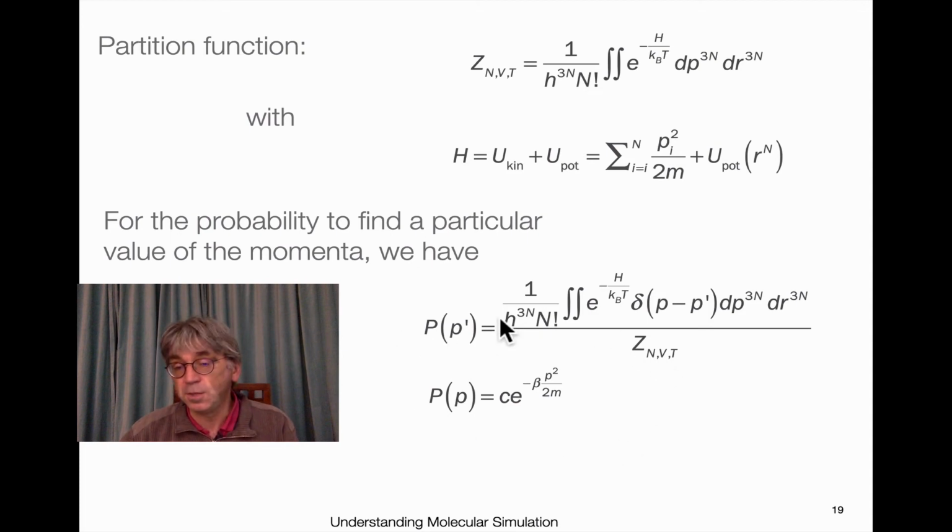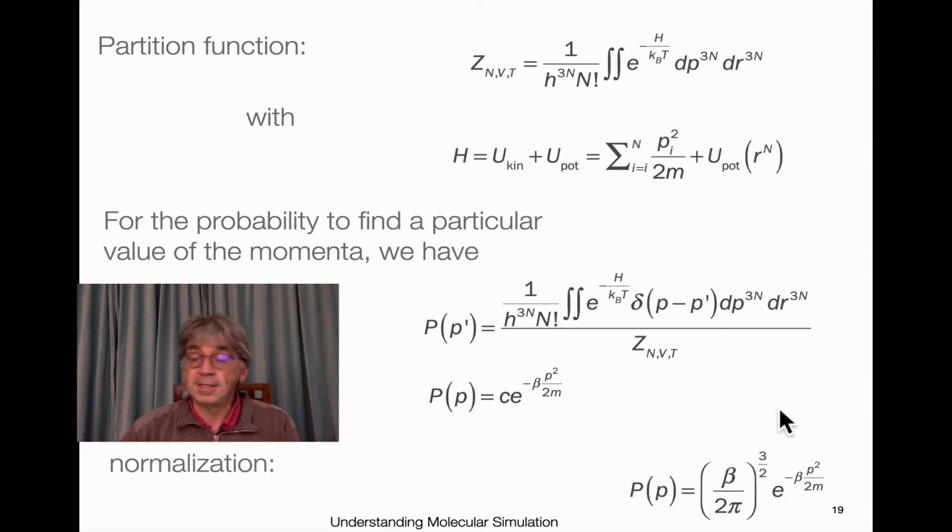This is something you may have seen in physical chemistry courses. This probability is just the Maxwell distribution. And this is then with the normalization constants, which you can get from integrating the partition function. And since these are Gaussian integrals of this form, we can do this analytically.